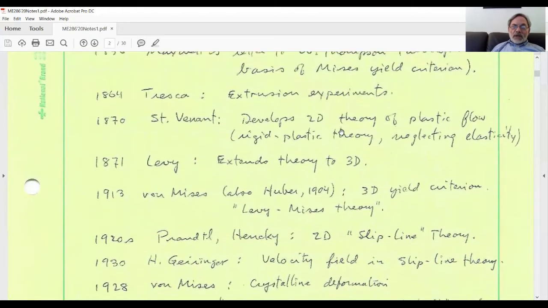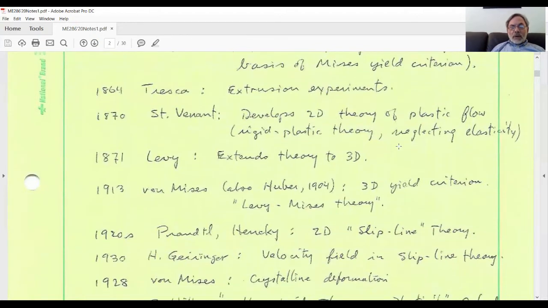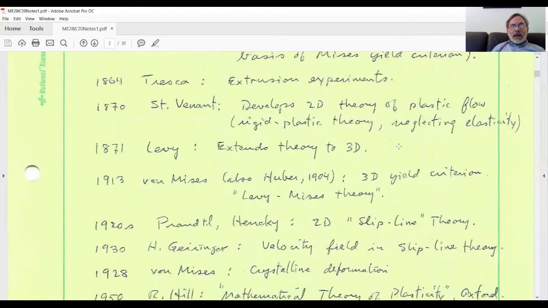If the overall deformation is large, and as we've indicated previously, the elastic strain is quite small, that is lambda_e is close to 1, then a useful idealization is to neglect the elastic deformation altogether. And that's the subject of the so-called rigid plastic theory.